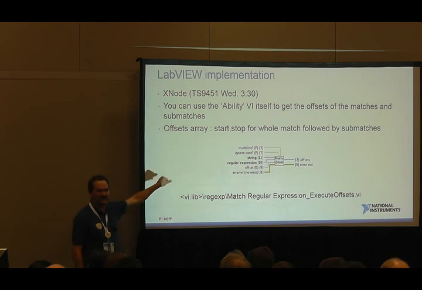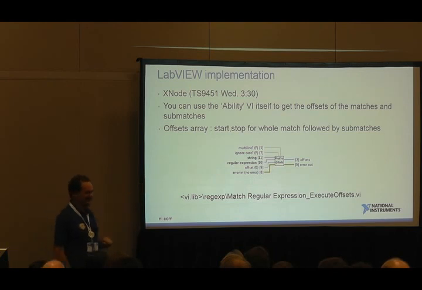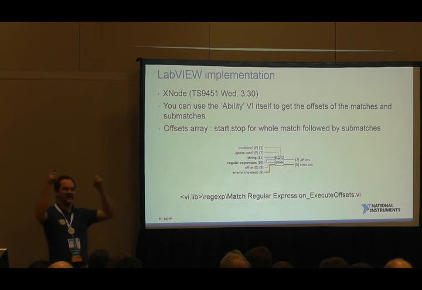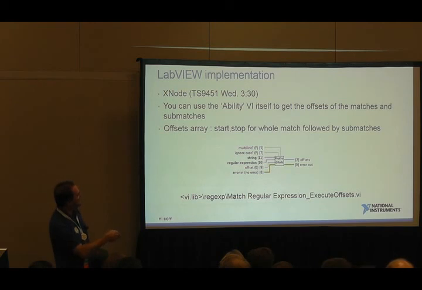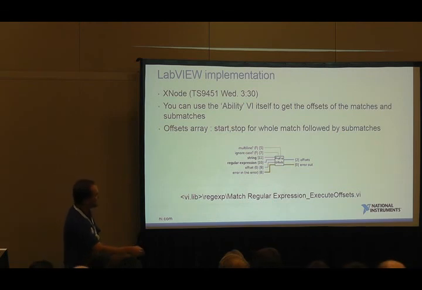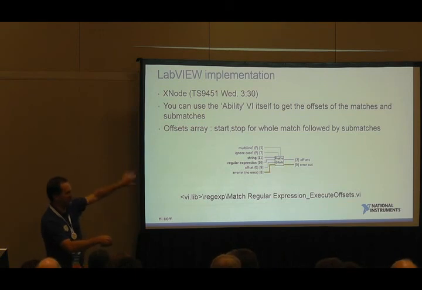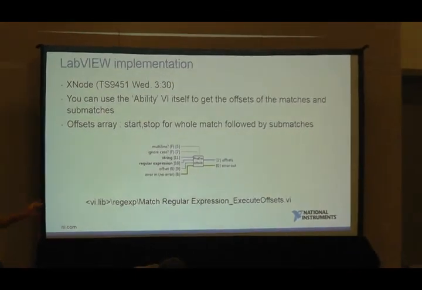Nowhere do I use match regular expression in there. What I use instead are just the offsets that it would have given me, and that's what I use to color and decide where the different matches are. What you get is an array of start-stop values for all the individual submatches. This comes in very handy, and it's execute offsets. And again, if you download my helper, you'll see exactly how you can use something like this.